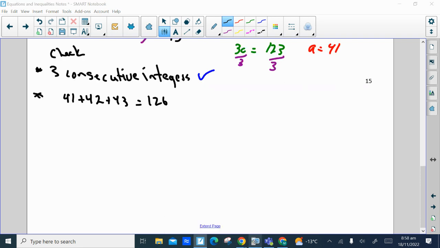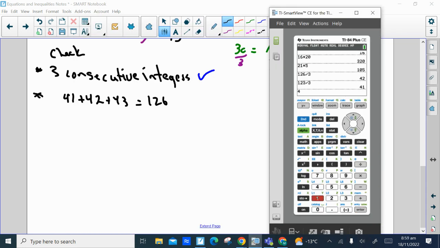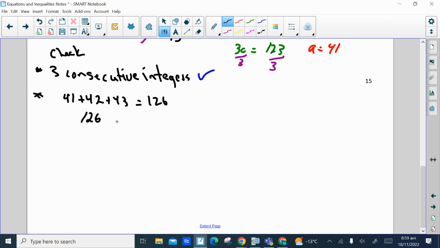So if we get our calculator and we add those together, they do equal 126. So there's our check. The 2 different conditions have been met. They are consecutive integers and their sum is 126.